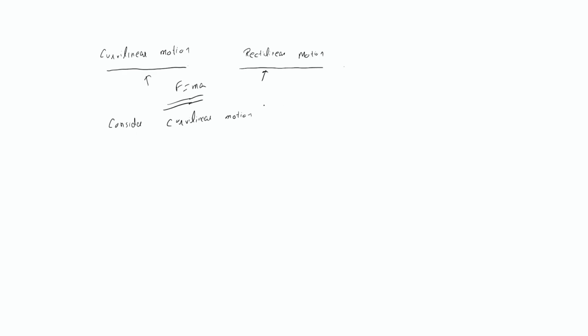Here we have two mutually perpendicular axes, one along the direction of flight path, and the other normal to the flight path.